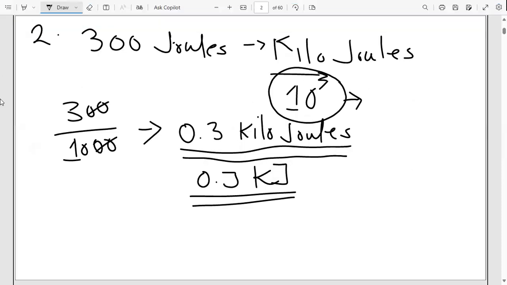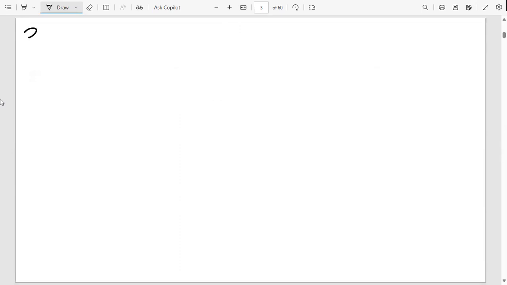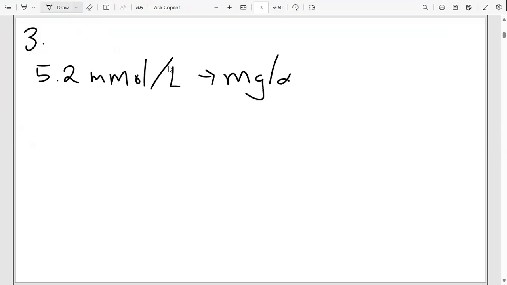So question 3, we're supposed to convert the measured cholesterol, which is 5.2 millimoles per liter, to milligrams per deciliter.